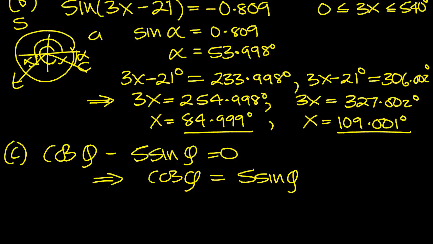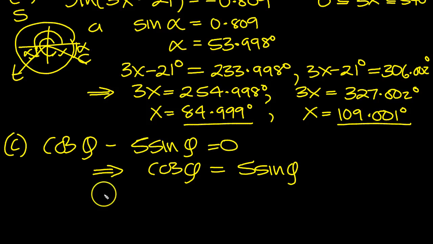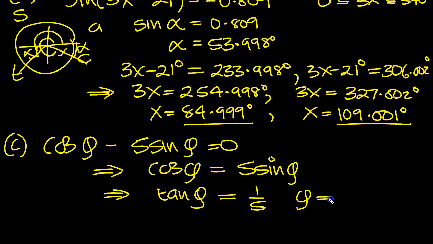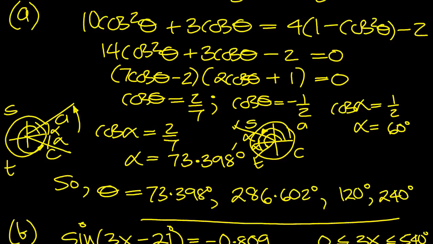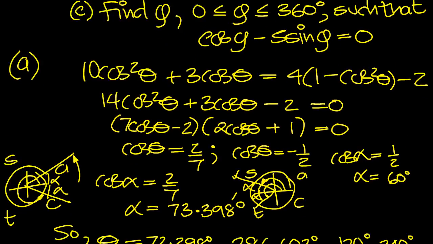Divide by cos phi, and reading from right to left, tan phi is equal to, I've divided by cos, so I've got tan phi, and I'm also going to move the 5 down, so it's a fifth. Tan phi is equal to a fifth. We're solving in what range? Part C, 0 to 360.